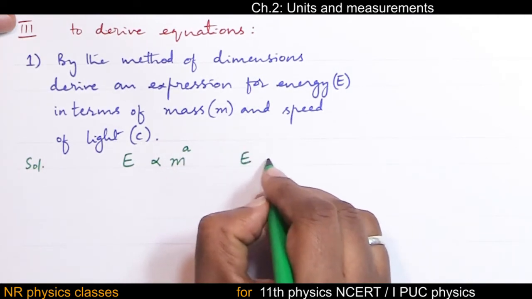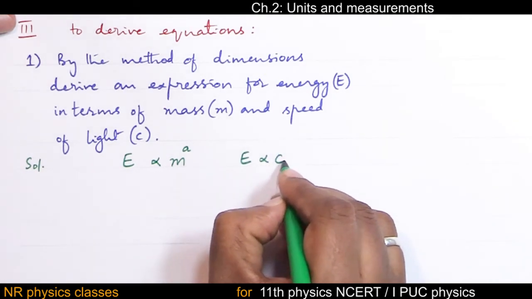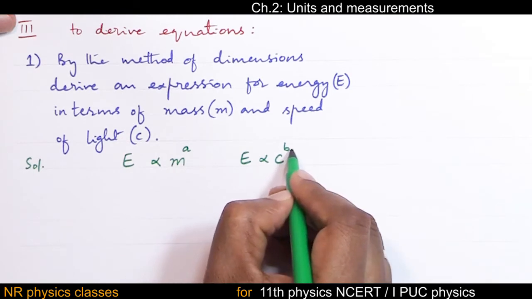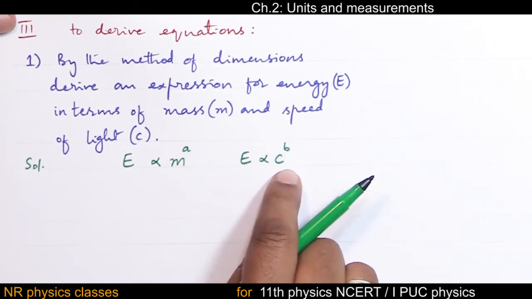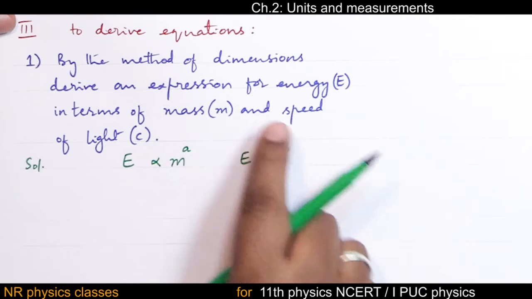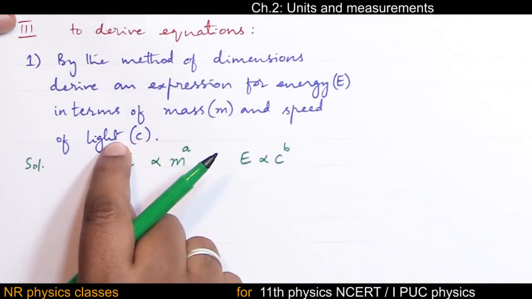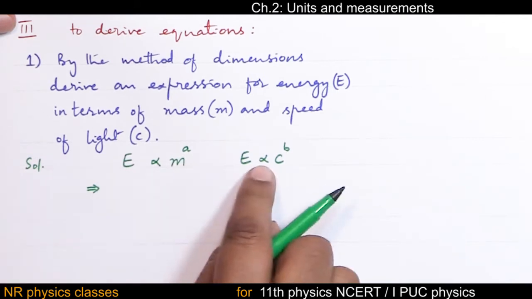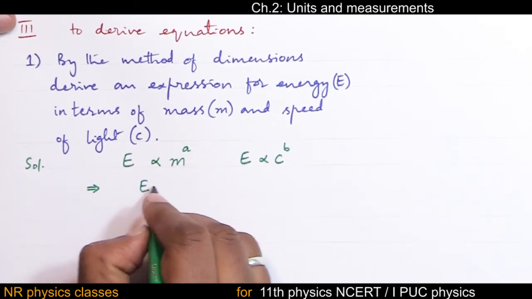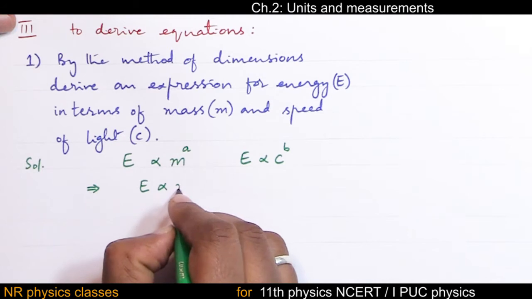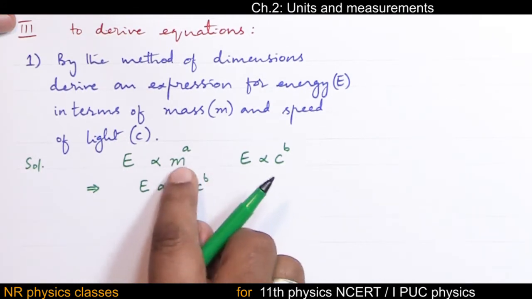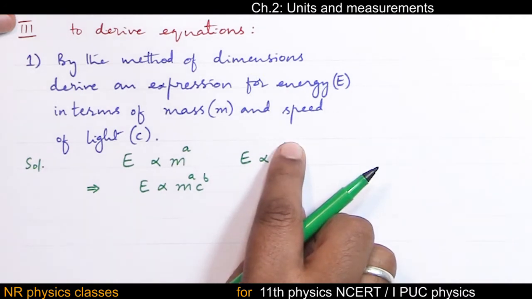Second, energy is proportional to C to the power of B, speed of light to the power of B. This also we don't know. So let me combine these two. Energy is proportional to M^A C^B.